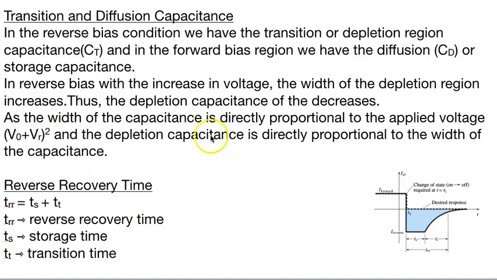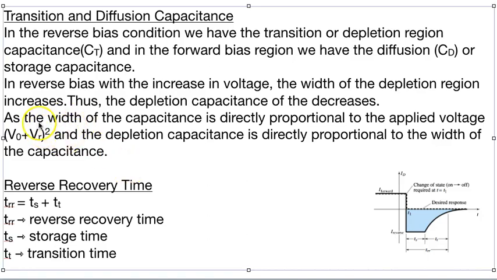The width of the depletion region is directly proportional to the applied voltage, which is the root of V naught plus V_R, and the depletion capacitance is inversely proportional to the width of the depletion region.